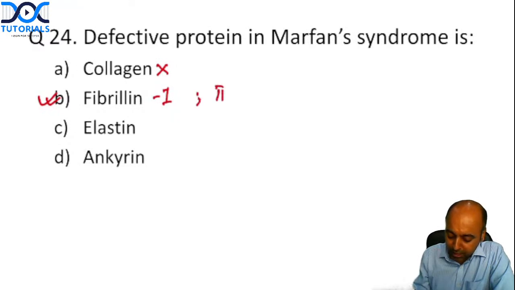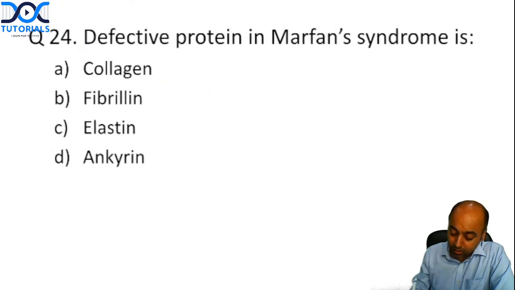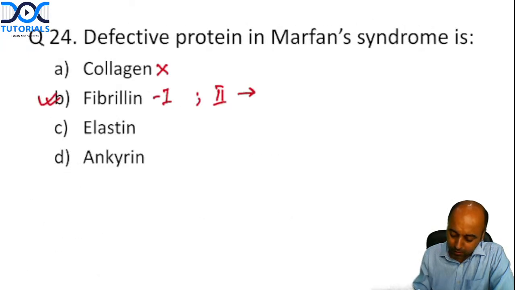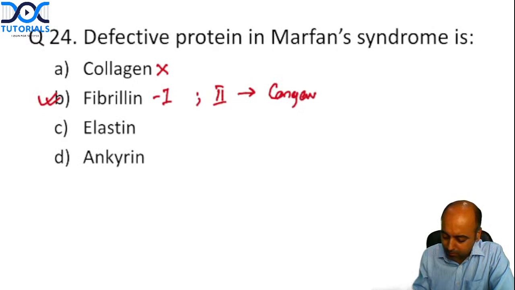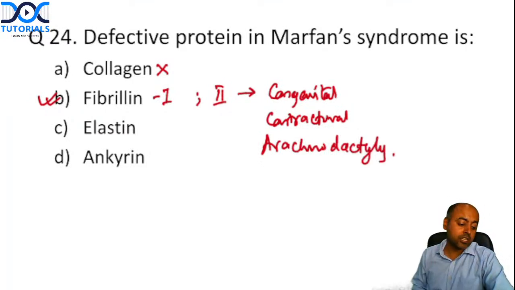Please keep in mind, fibrillin type 2 can also be found to be defective or deficient, giving rise to the condition called congenital contractural arachnodactyly. So in Marfan syndrome, defective protein is fibrillin type 1. Fibrillin type 1 is the defective protein in the Marfan syndrome.